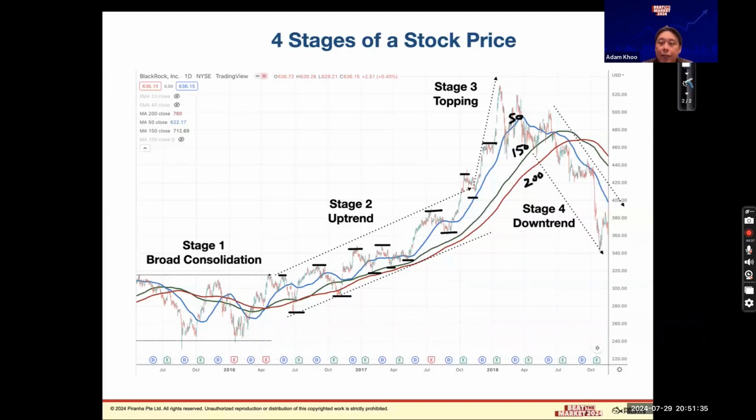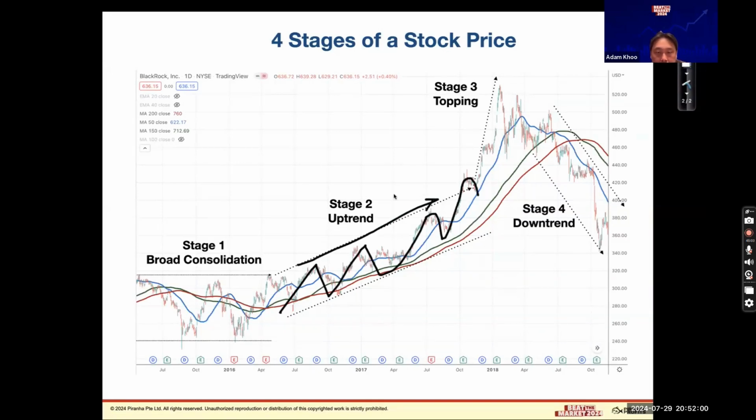Now, stage 3 is called the topping phase. How do you know it could be going into a stage 3? When you see the price moving 90 degrees. Notice that in a stage 1, generally, wave up, wave down, wave up, wave down, it's moving at a 45-degree angle.